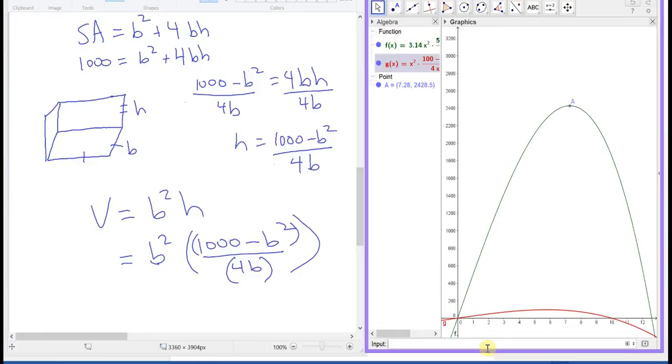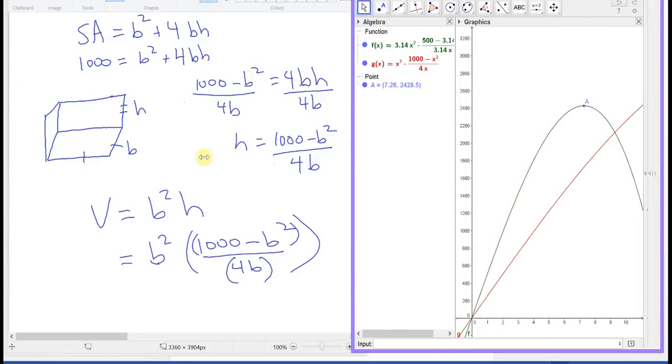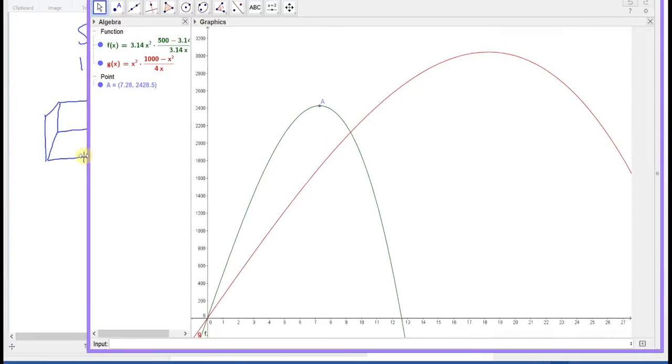I was really expecting it to look different. I thought it would be similar, but it's much, much lower. So let's look at this equation and see what's going on. It was supposed to be 1,000, and I made a mistake and I wrote 100. Now let's see. Okay, this looks more like the cylinder. That makes more sense.